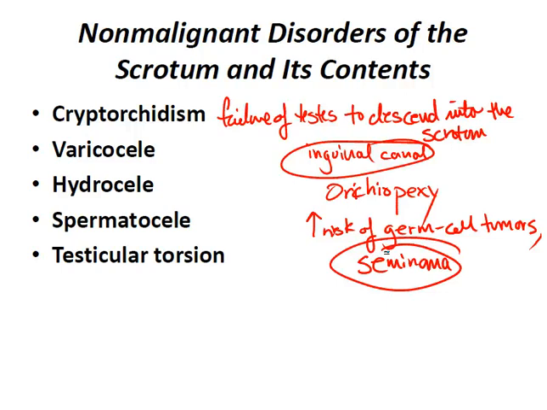So what is a varicocele? Well, a varicocele is a dilated vein in the pampiniform plexus of the spermatic cord.